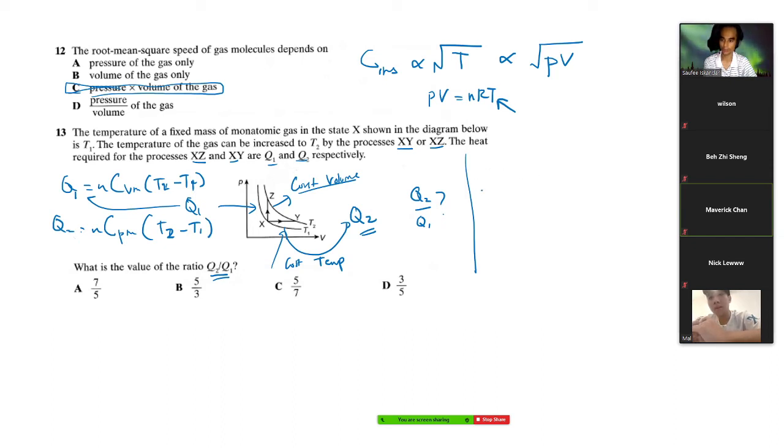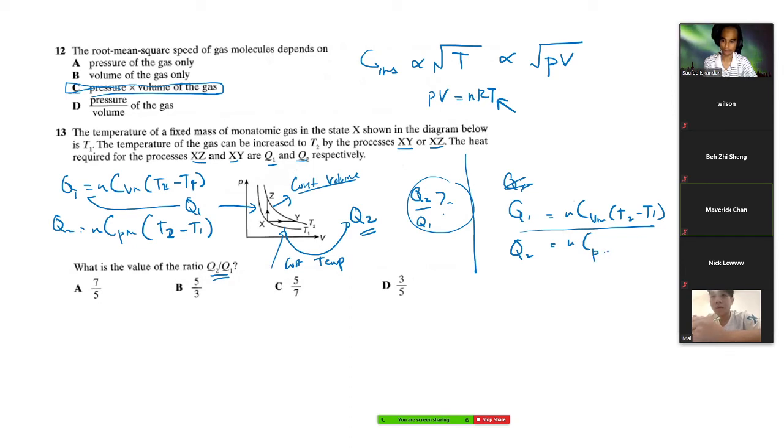Okay, so if you take the ratio, Oh, it's the other way around, right? Q2 first.